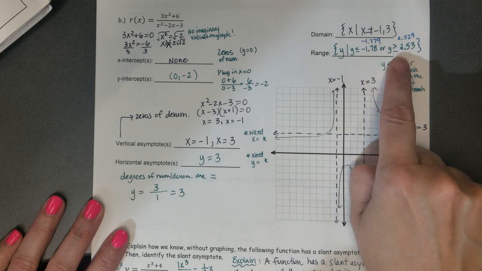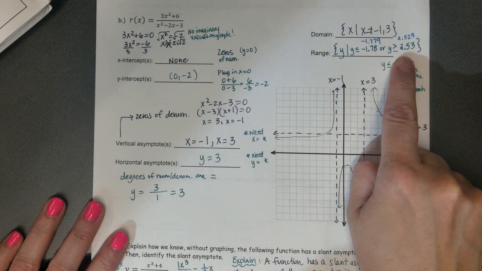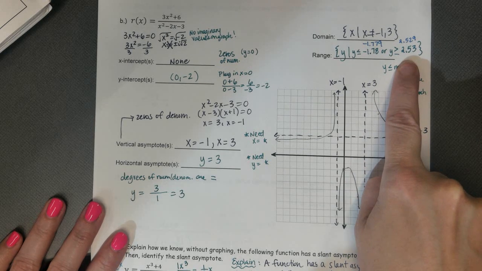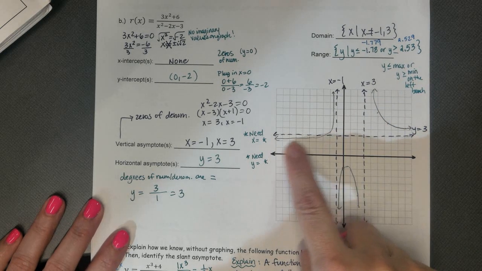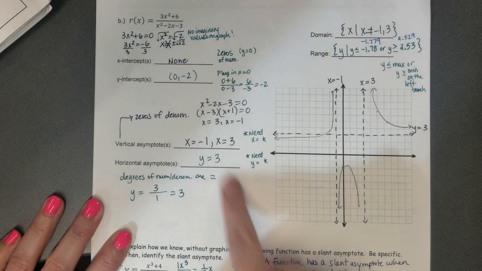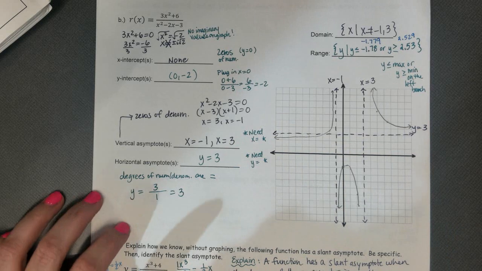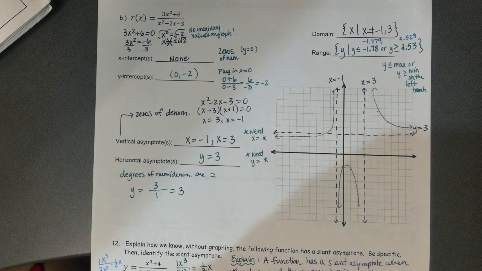So I need you to check this. If you put y is greater than 3, okay, what we have to do is we have to check in this window here and make sure that it doesn't dip under. So how can I do that? How can I check to see if it goes under or not?